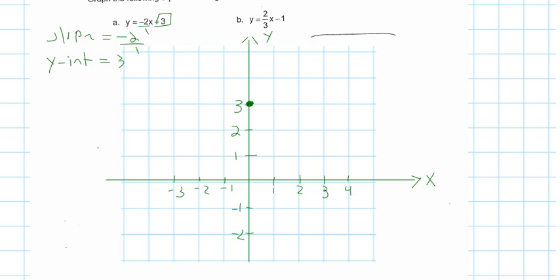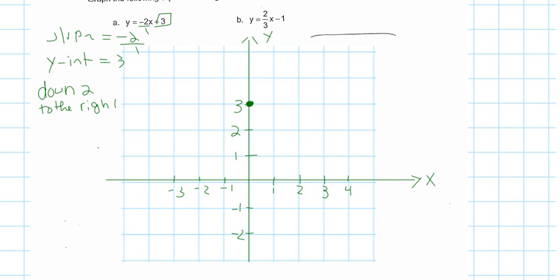Okay, so I start at 3. And what does my slope tell me? What do I have to do? Your slope is -2 over 1, right? So that means I have to go down 2, to the right 1.